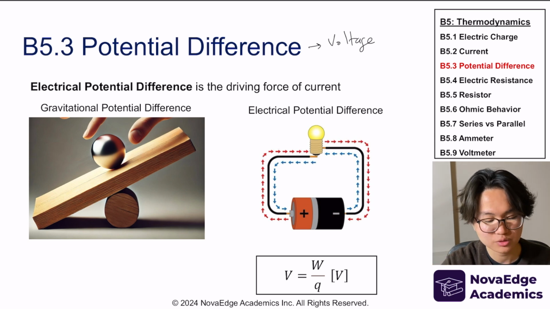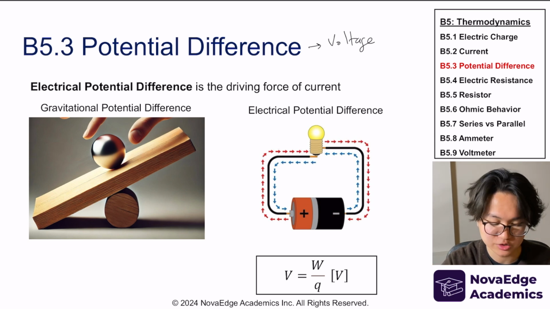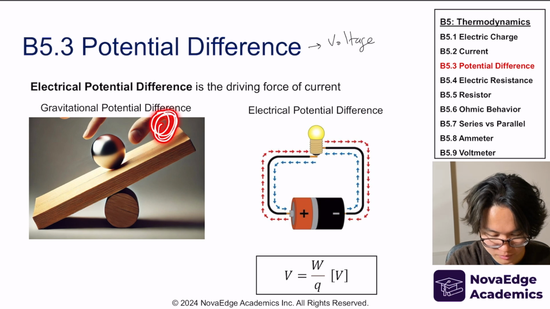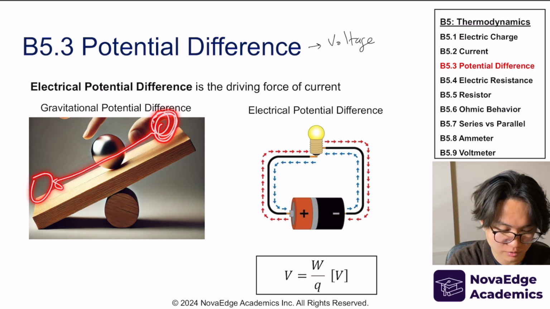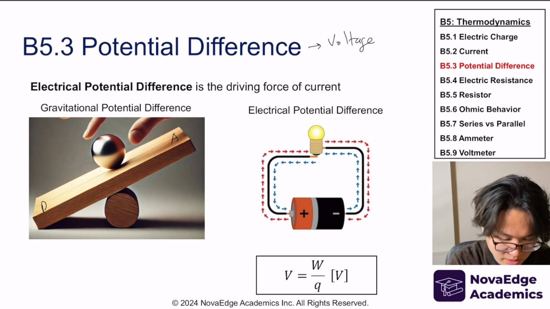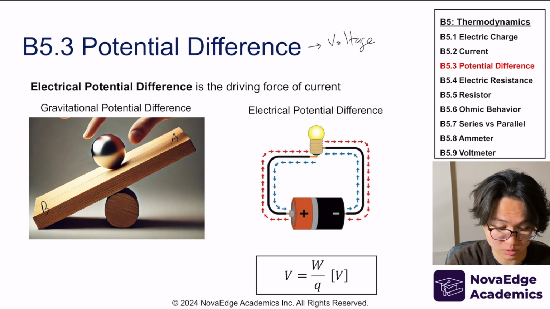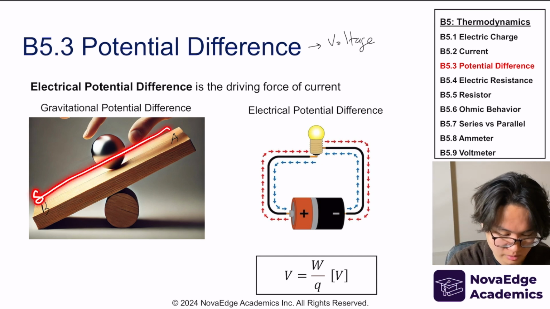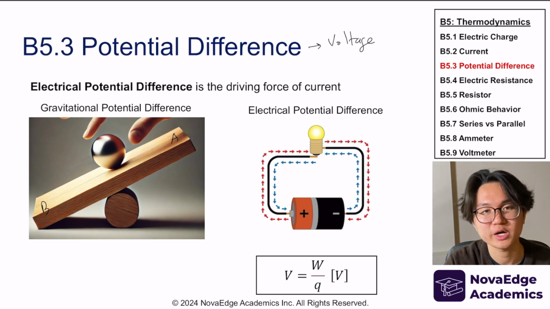To better visualize what that is, let me make an analogy with gravity, okay? So in gravity, if I put this ball up on this ramp from here, it's going to flow to there, right? So from point A to point B, it's going to roll on its own from here to here, right? And that's also not magic. The reason why that happens is because of gravity.